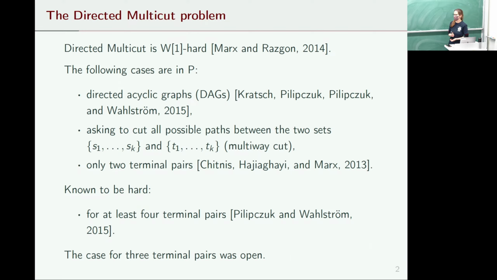So we sat down actually trying to prove that it's still hard for 3, looking at the example that they constructed to prove the hardness for 4 terminal pairs. And we failed because it actually kind of works. But it's randomized, so it's only kind of. But under the conjectures about de-randomizing randomized results, we assume now it's kind of solved.